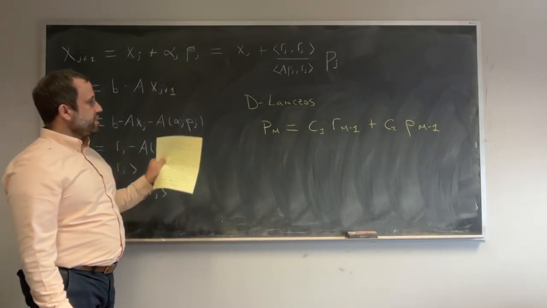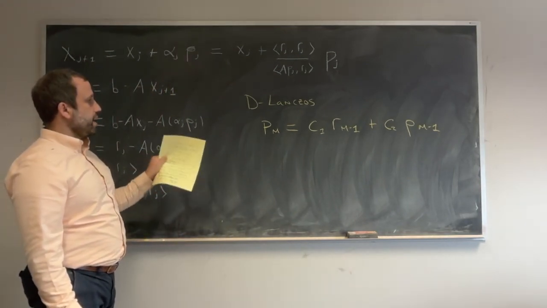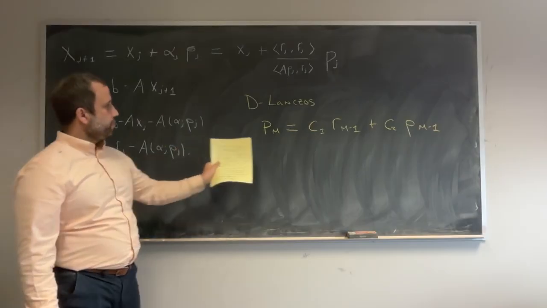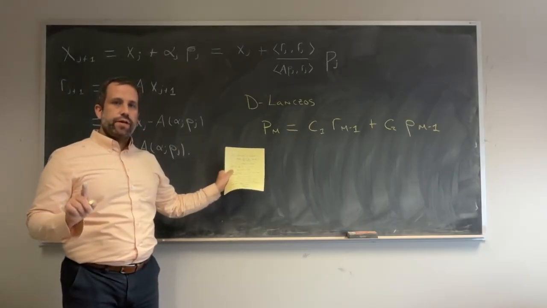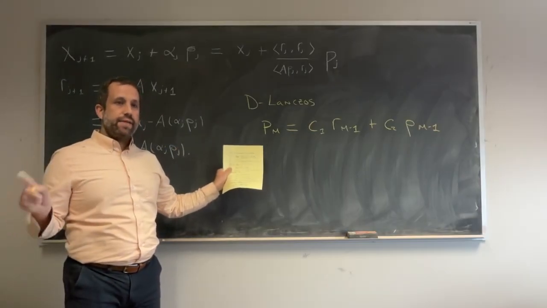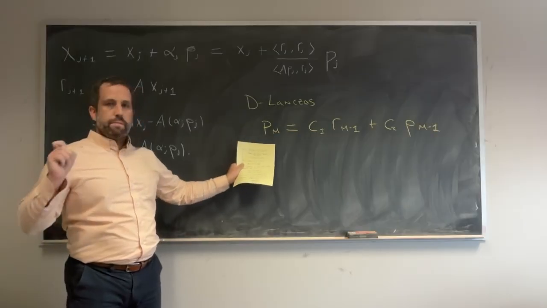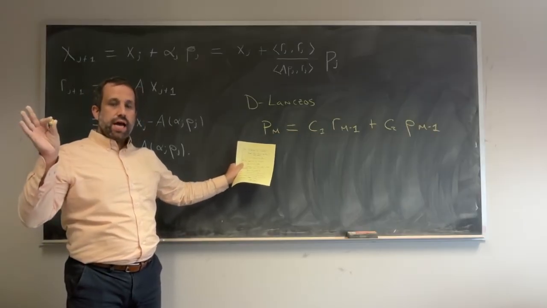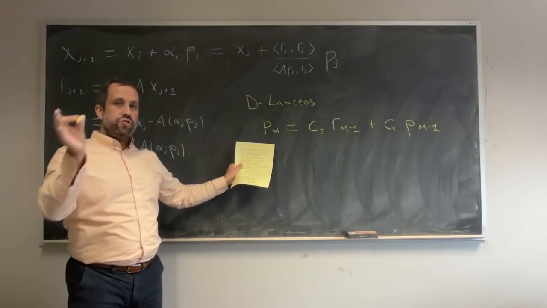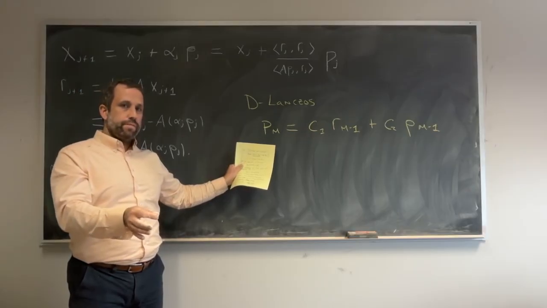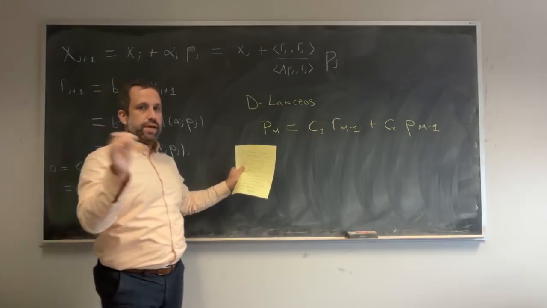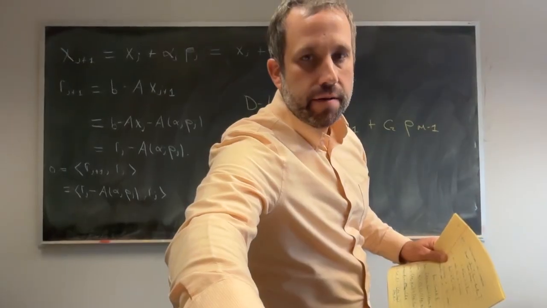The thing that we need to change, though, is that in the context of the conjugate gradient, this p_m is a vector that brings us from x_m; in the D-Lanczos case, the p_m brings us from x_{m-1} to the x_m vector, from the m minus 1 approximation to the m approximation.